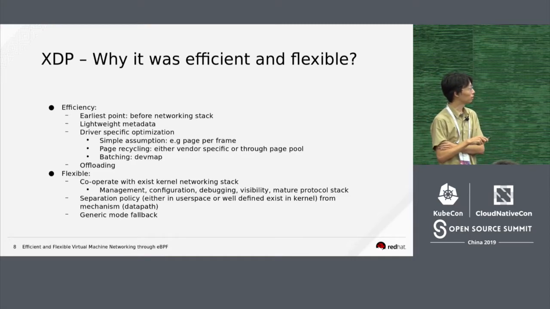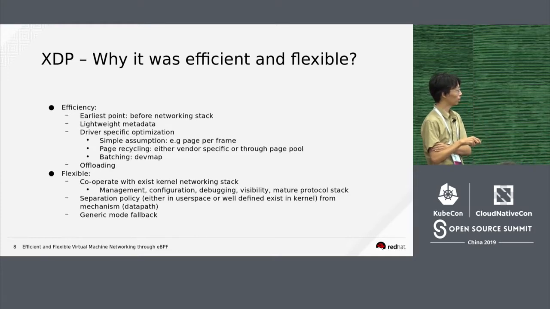And flexibility has to do with its structure. It's not a complete kernel bypass structure, so it was designed to interact with the existing structure. We can use the current network stack, configuration, visibility, debugging, and TCP/IP protocol stack, router, and transmission structure. They can also help with the transmission of this XDP.